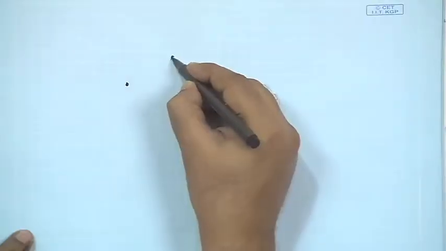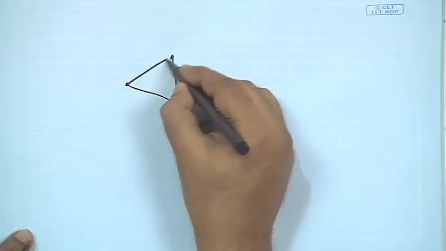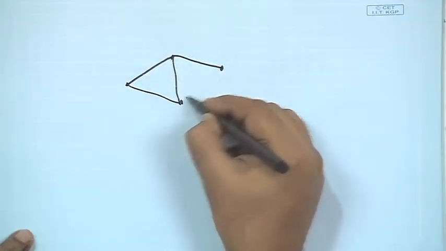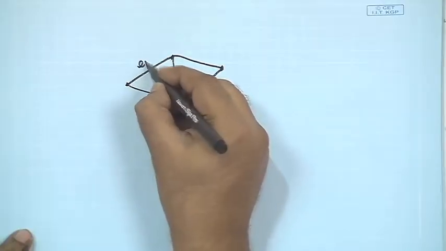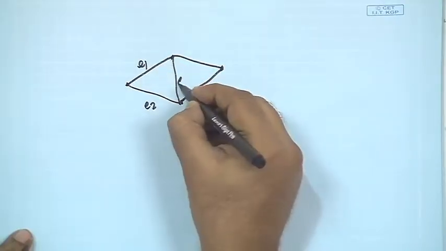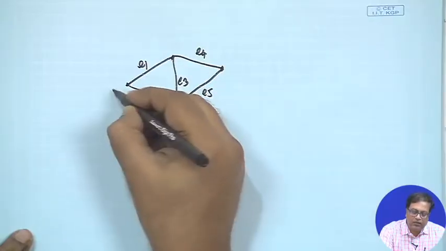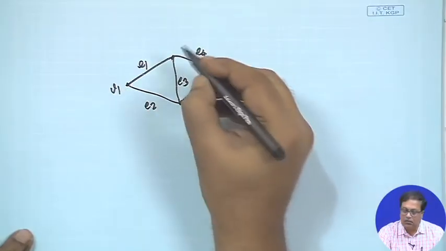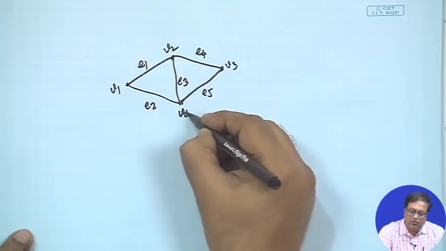Now, let us look at the same graph once again and find out all the different cut sets. So, we had this graph with E1, E2, E3, E4, E5, V1, V2, V3 and V4.